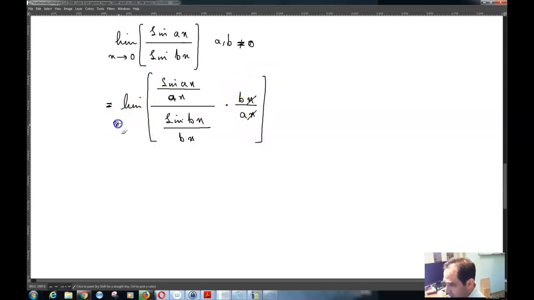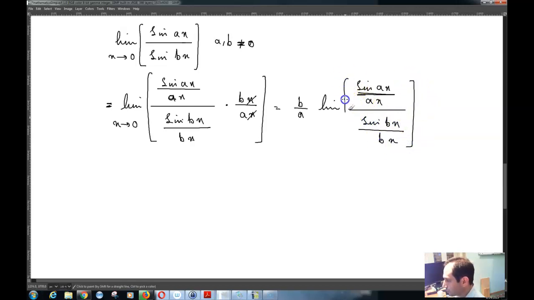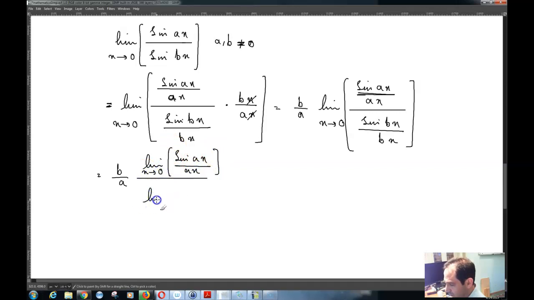And as x tends to 0 here, you will have the limit of, basically you can take this out, b to a, the limit of sine ax to ax, sine bx to bx when x tends to 0, which is the same thing as b to a times the limit of sine ax to ax as x tends to 0 over the limit of sine bx to bx as x tends to 0.